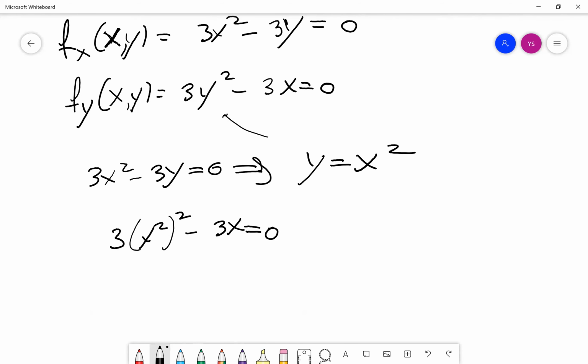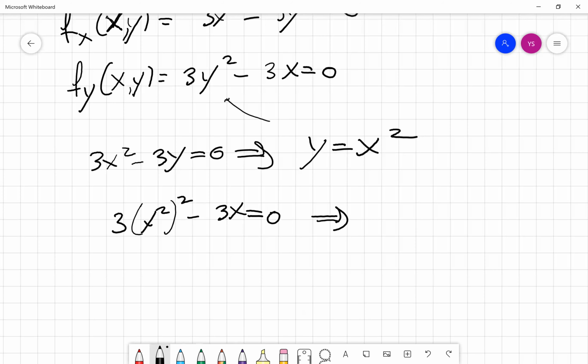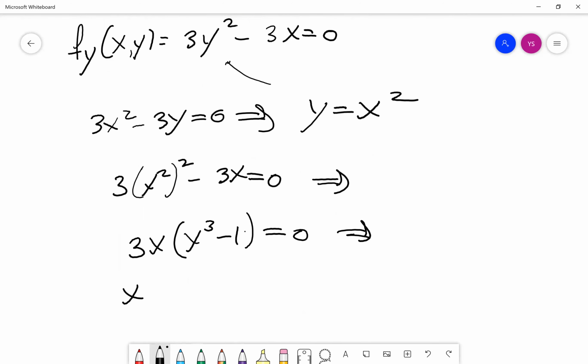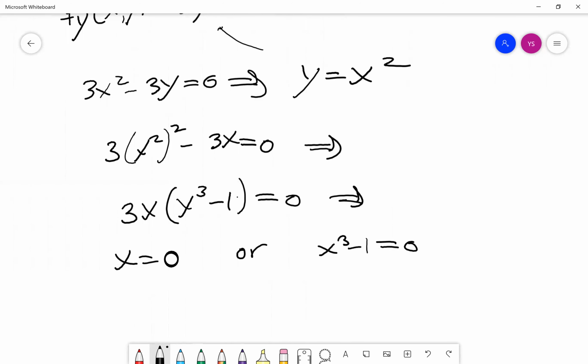And this tells us that 3x times x cubed minus 1 is equal to 0, which tells us either x is equal to 0 or x cubed minus 1 is equal to 0, which means that x is equal to 1. Any questions so far?